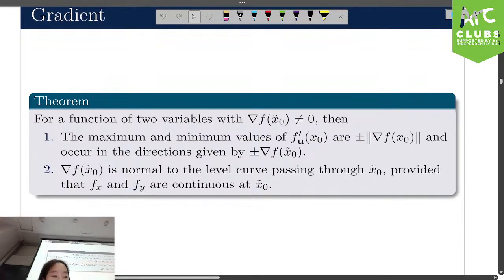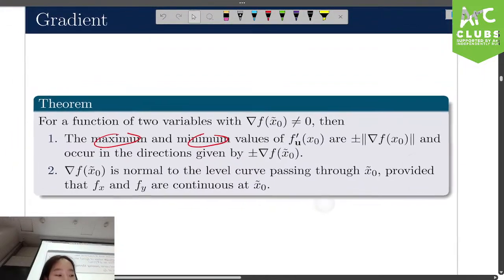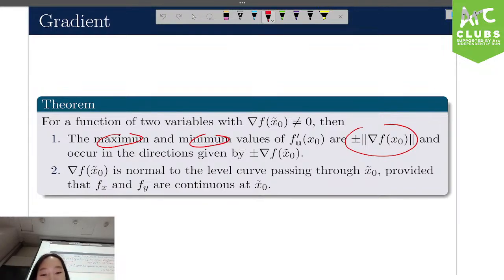Cool. There are two important theorems related to the gradient. The first one: the maximum and minimum values of our derivative are at plus or minus the size of our gradient, and occur in the directions given by here.